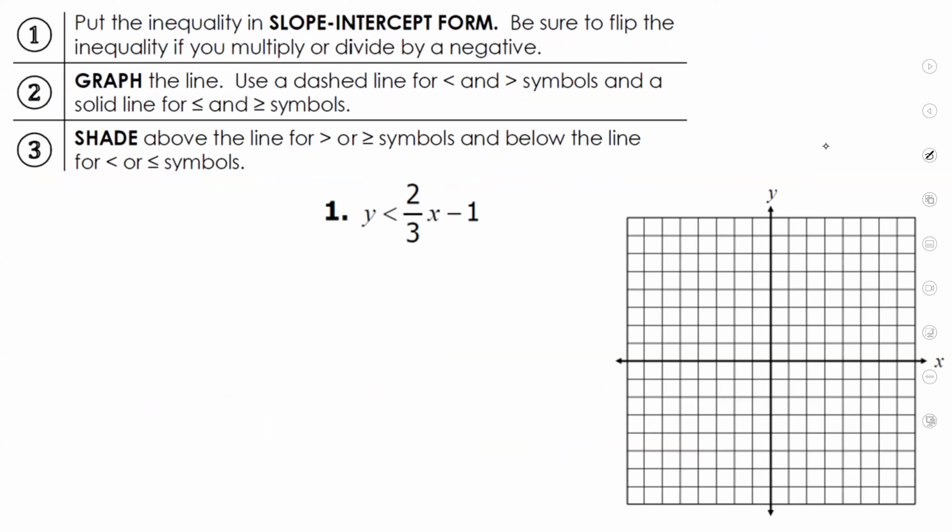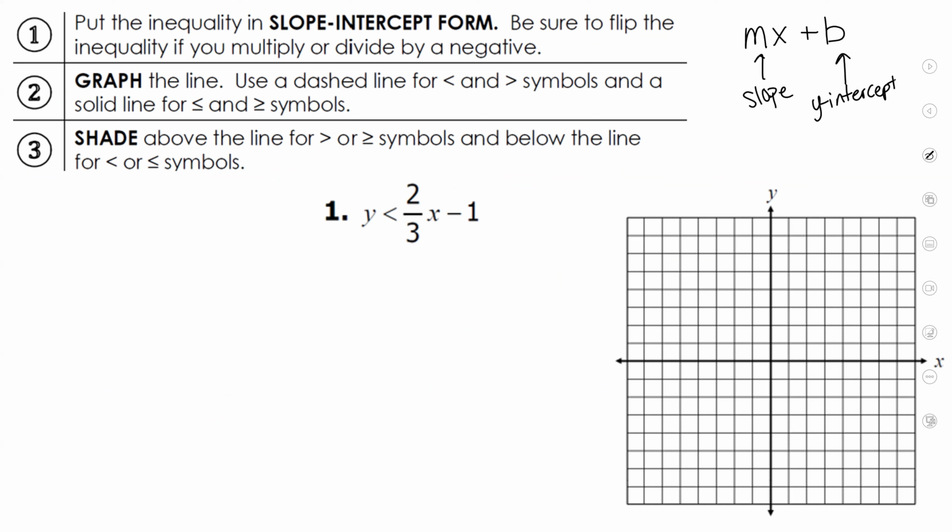Now we're going to practice graphing these things. So if you want to graph an inequality, your first step is to put it in slope-intercept form. Slope-intercept form means mx plus b, where m is your slope and b is your y-intercept.